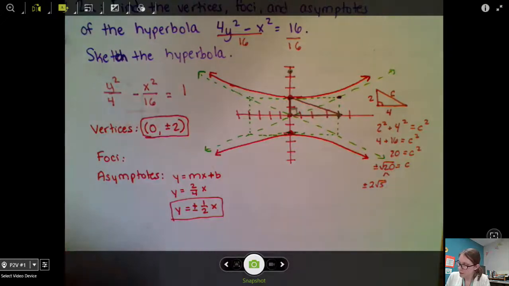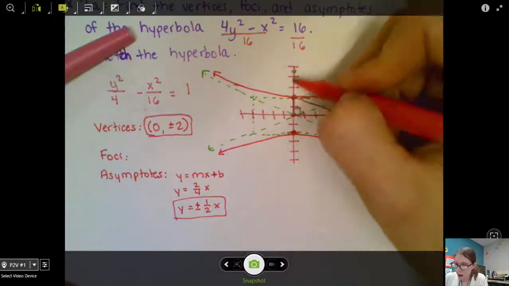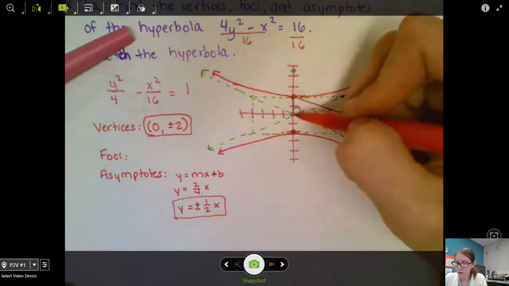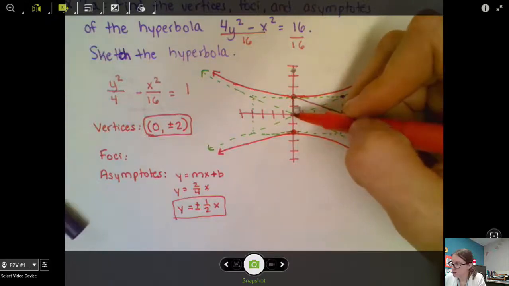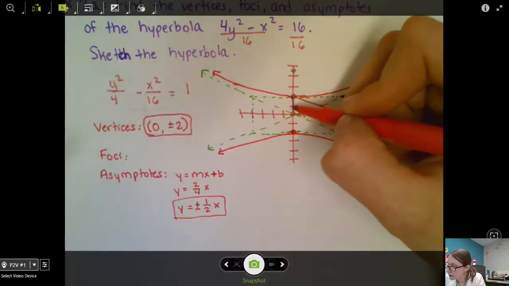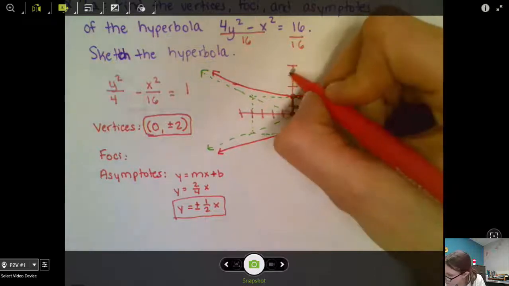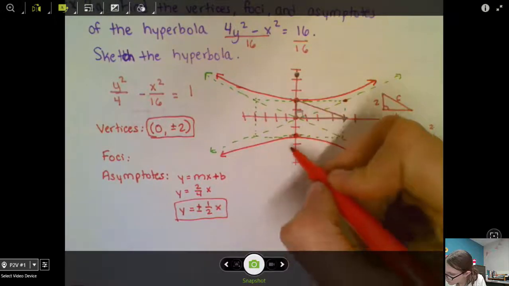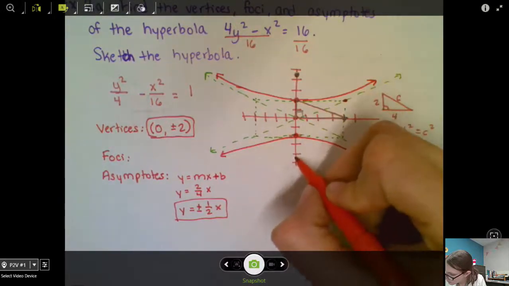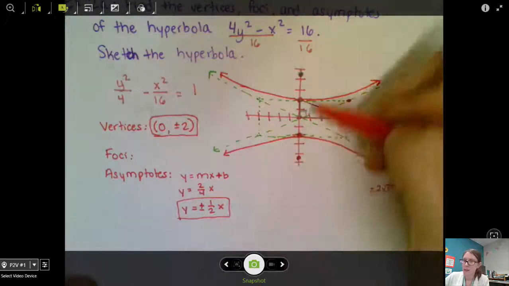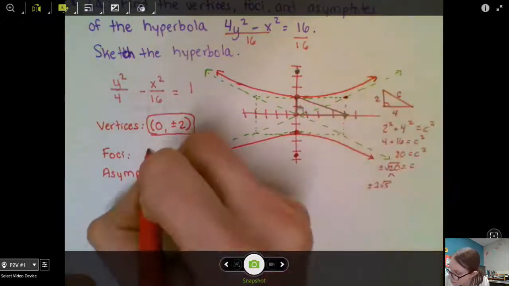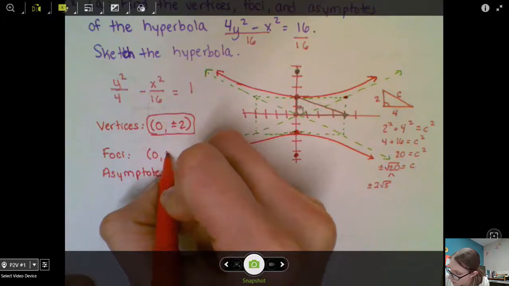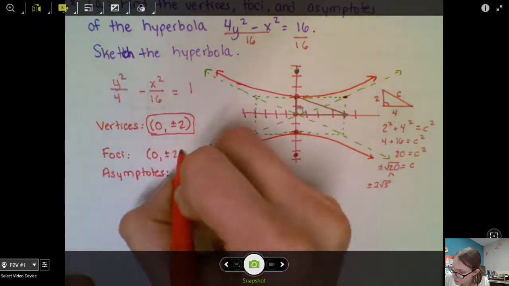Our foci are up here somewhere, 2 square root of 5, so that's just over 4. Just over 4, and since our foci are on the y-axis, those points are 0 plus or minus 2 square root of 5.